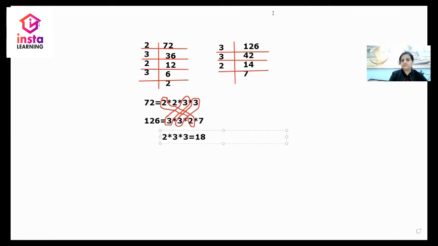When we do that, we will match how they are the same. 2 is the same, 3 is the same and again 3 is the same. So it means 18 is the HCF, highest common factor. Is it clear to all of you? Yes, H is capital, C is capital, HCF, like this. So 18 can divide both 72 and 126.